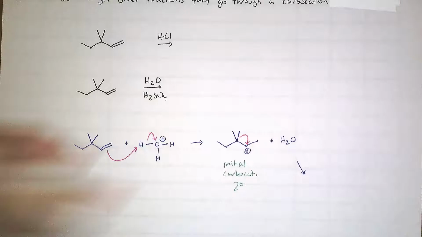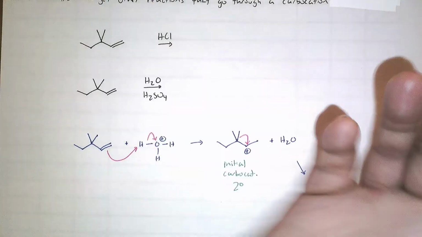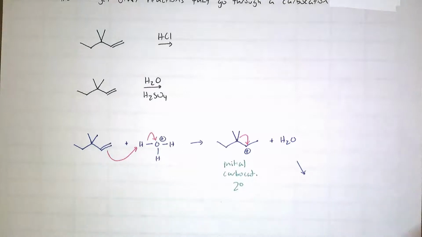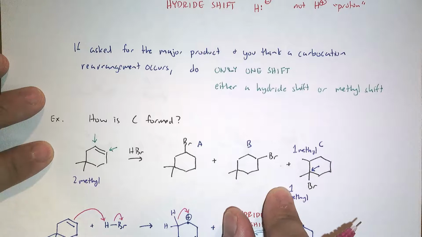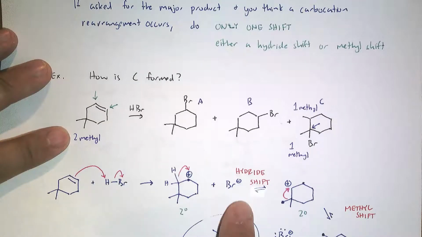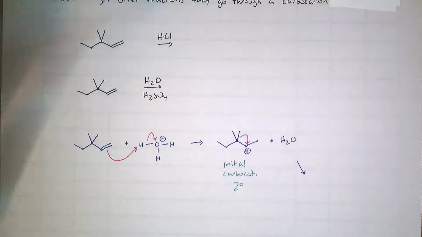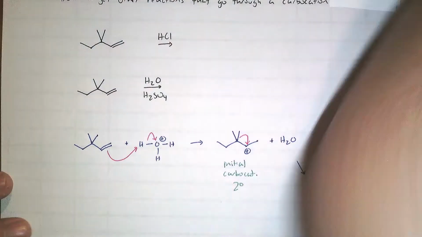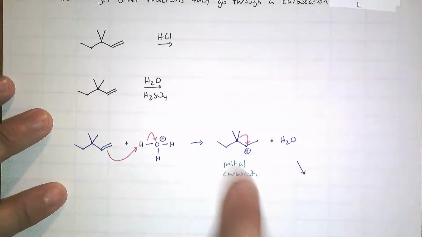Now, would you want to do an ethyl shift or a propyl shift or even a phenyl shift? Normally, no. But again, if you're given a product where you feel like you have to do one of those more exotic shifts, or multiple shifts, then do it. But if you're just predicting the product like we're trying up here, then you only do one shift, and that's the shift I'm doing.